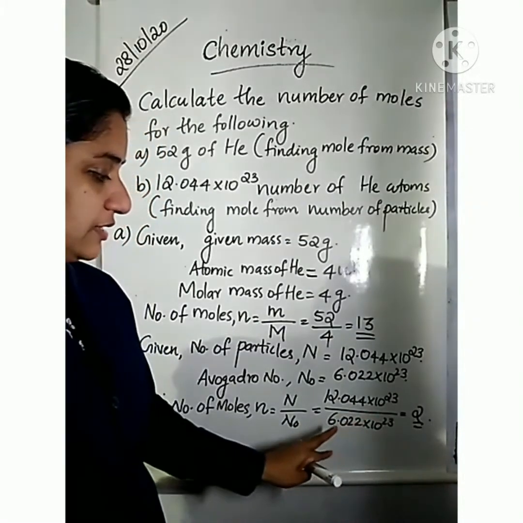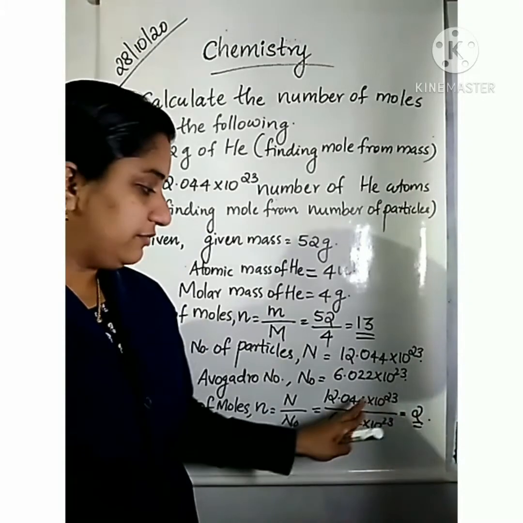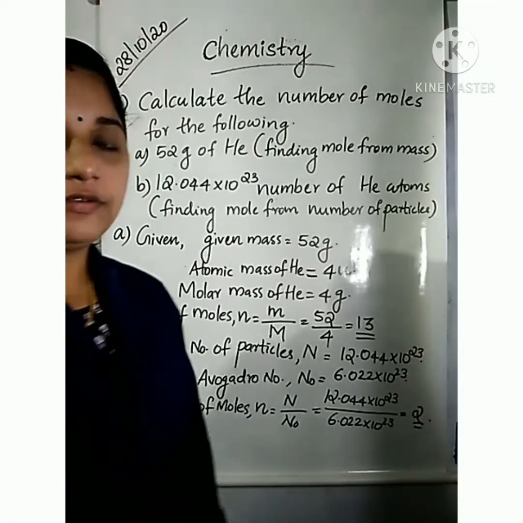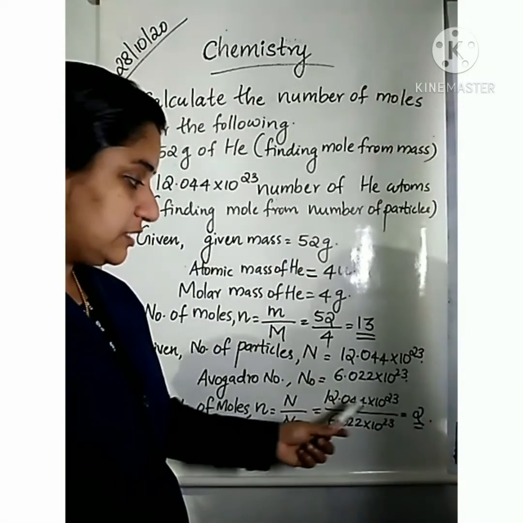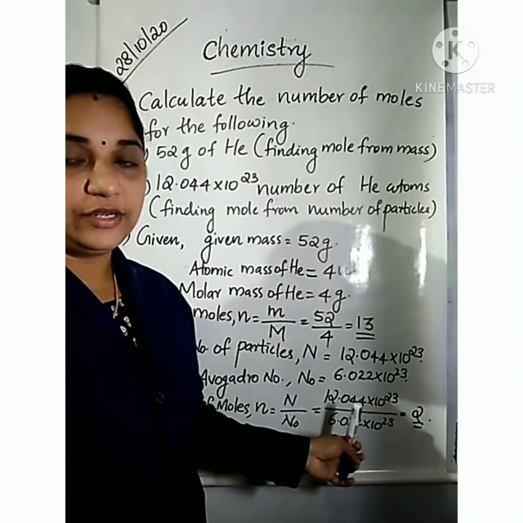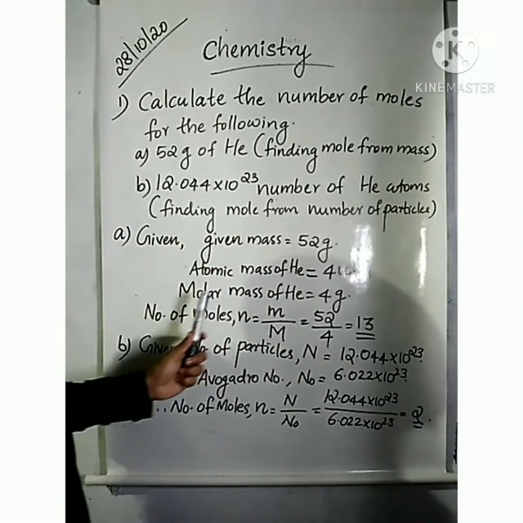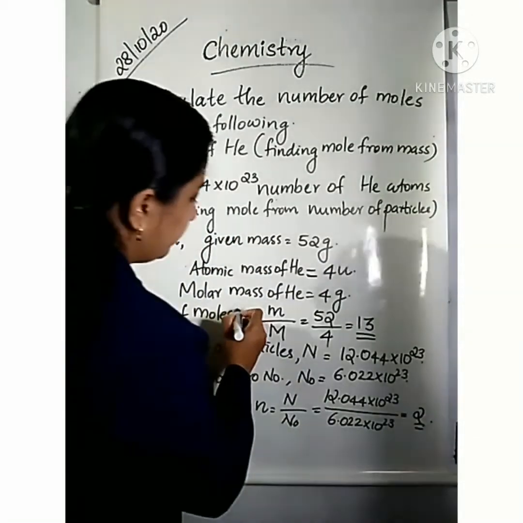You check: 6.022 into 10 raised to 23 into 2 will be 12.044 into 10 raised to 23. So this many particles contain 2 moles.